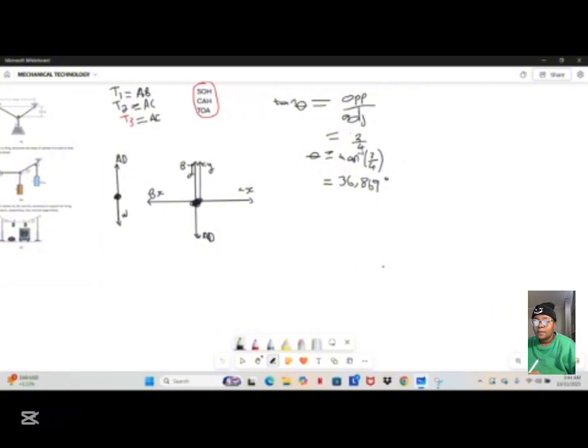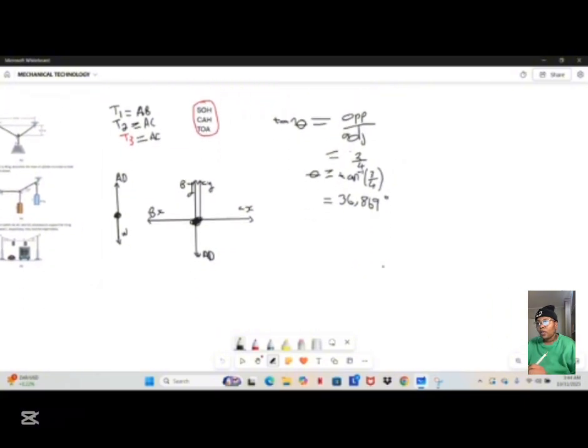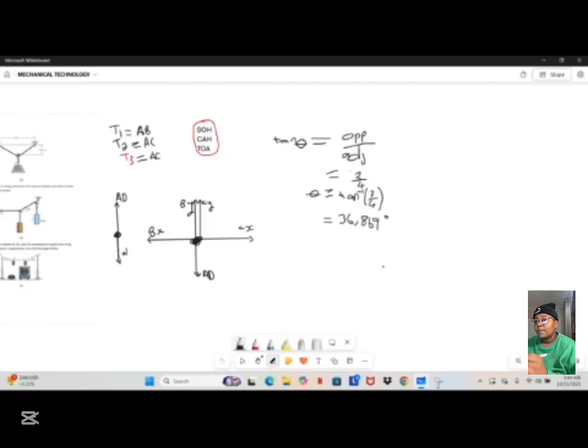Here, as we have found this angle, we're going to start solving for the sum of the x components.